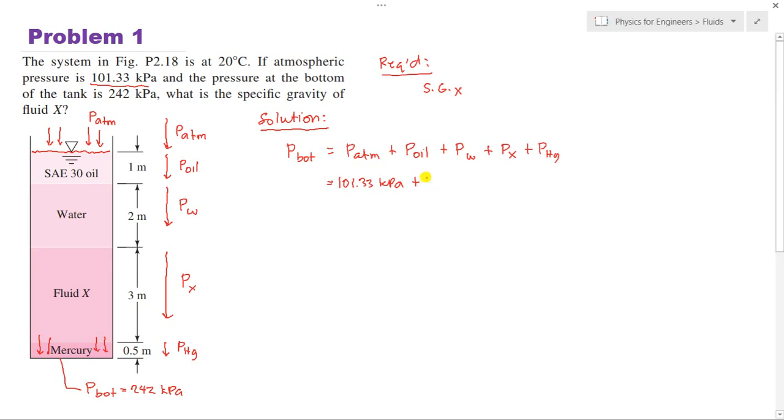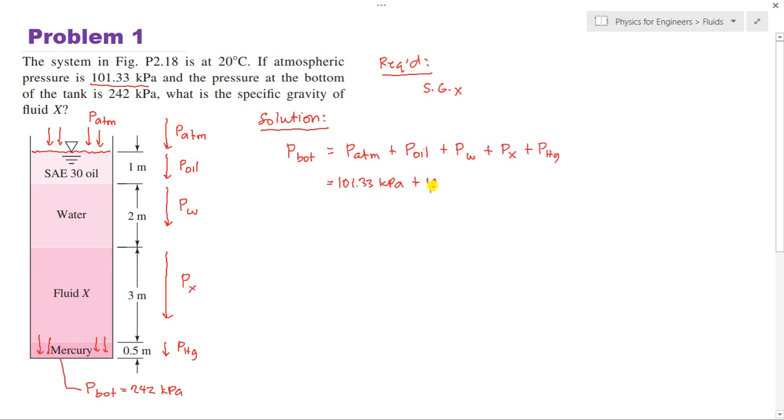Specific weight times gravity? Or specific weight times another parameter? The pressure is specific weight times height. Okay, correct.